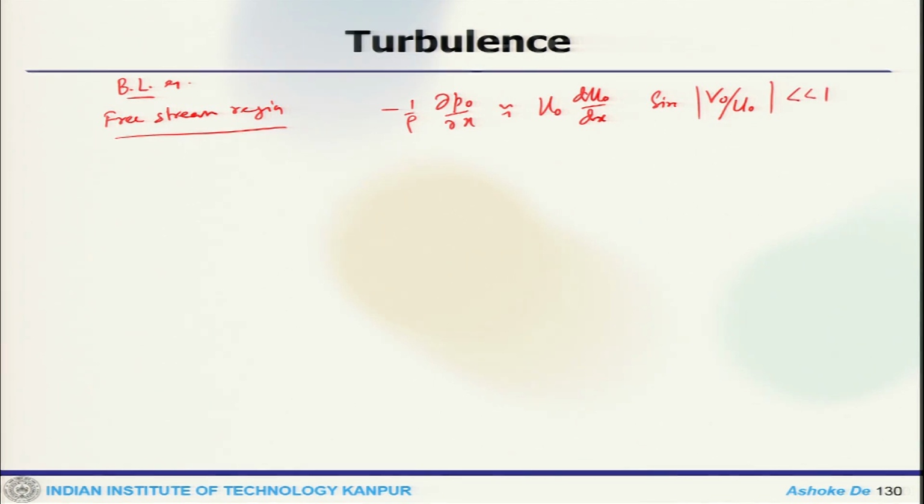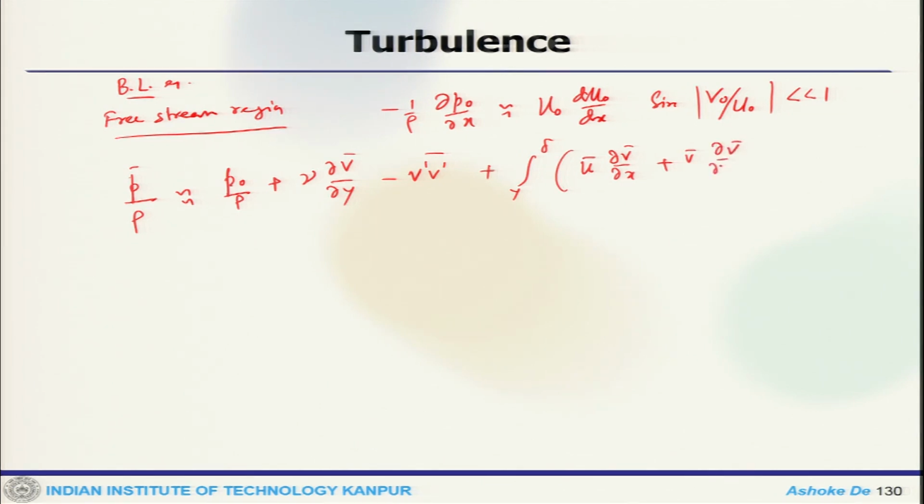Now, we can integrate the y momentum equation from y to delta and use the zero stress condition at the boundary layer top. So, that will give us p bar by rho, which is nothing but p naught by rho plus nu del v bar by del y minus v prime squared plus the integral from y to delta of u bar del v bar by del y dy.